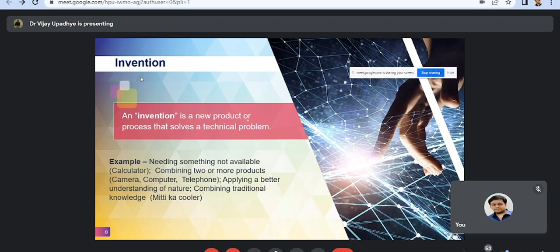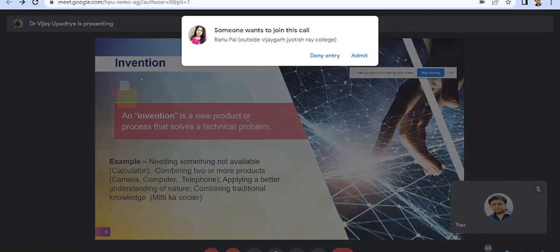For example, the telephone. The telephone is the invention because it is the first form of telecommunication. But mobile and all these are innovation. Why? Because as per the market need, the androids and all this are getting updated, and you are providing tools that are user friendly, customer friendly. So mobile is an innovation, but telephone is an invention.